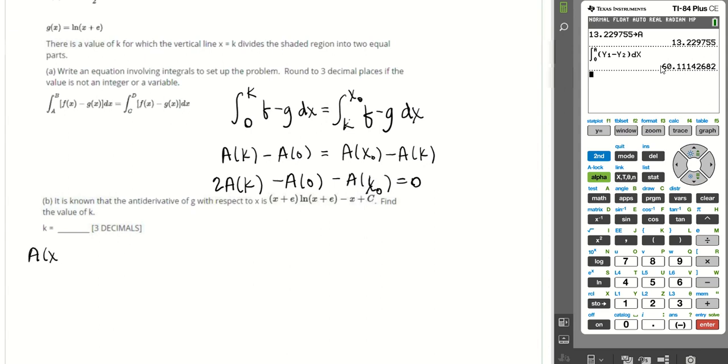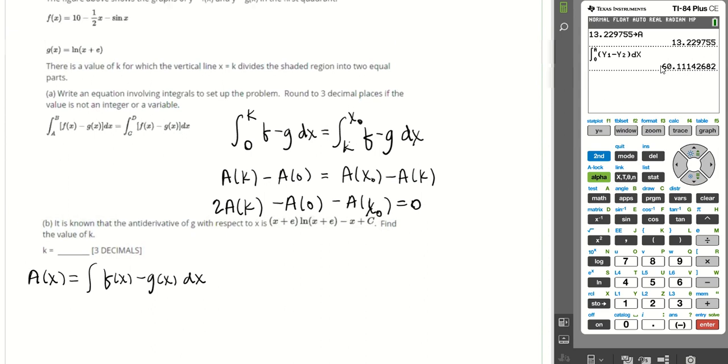Okay, antiderivative a of x is equal to an antiderivative of f of x minus g of x with respect to x, which is going to just be the difference in the two antiderivatives. I think I can find an antiderivative for f myself.